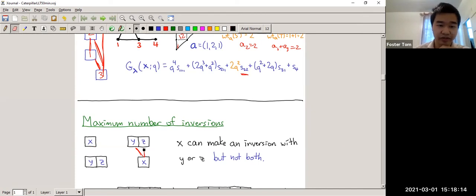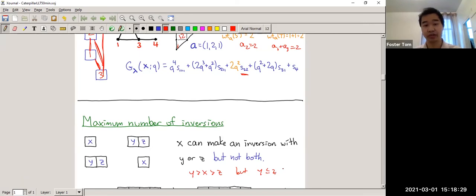However, X cannot make an inversion with both of them, because to make an inversion with Y, we would have Y bigger than X. And if X makes an inversion with Z, then X would have to be bigger than Z. However, since Y is to the left of Z, the rows need to be weakly increasing.